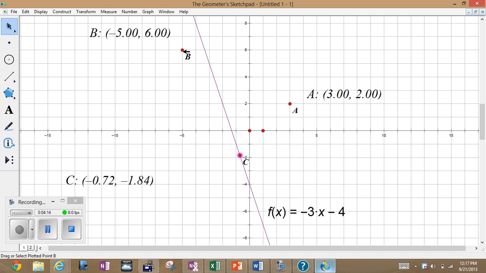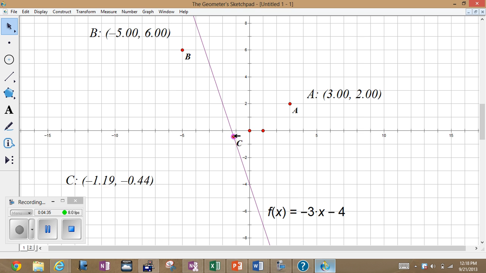Here are my 2 points, -5, 6, and 3, 2. Here is my line, which has been put in point slope form. And then there's some point on that line such that that point is going to be at equal distance from point A and point B.